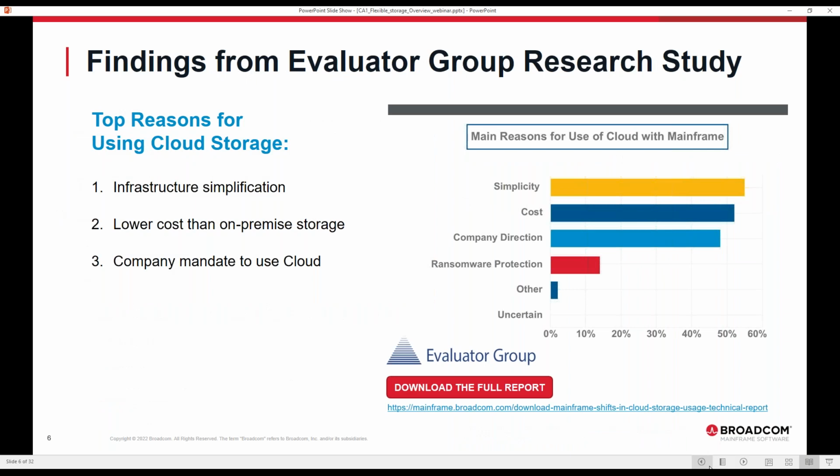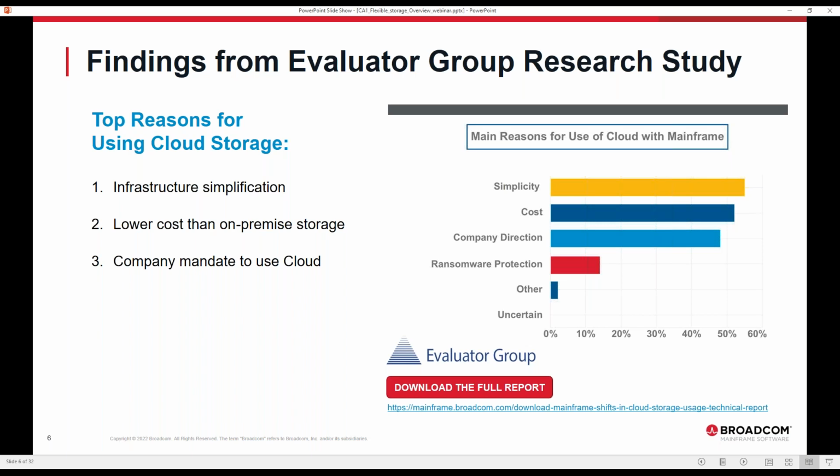We at Broadcom worked with an analyst firm called the Evaluator Group. They reached out to enterprise customers like yourselves and did a survey, and they wanted to look into what exactly was driving your cloud usage around storage. When they went out and did this evaluation, they found that there were three main themes that came up.